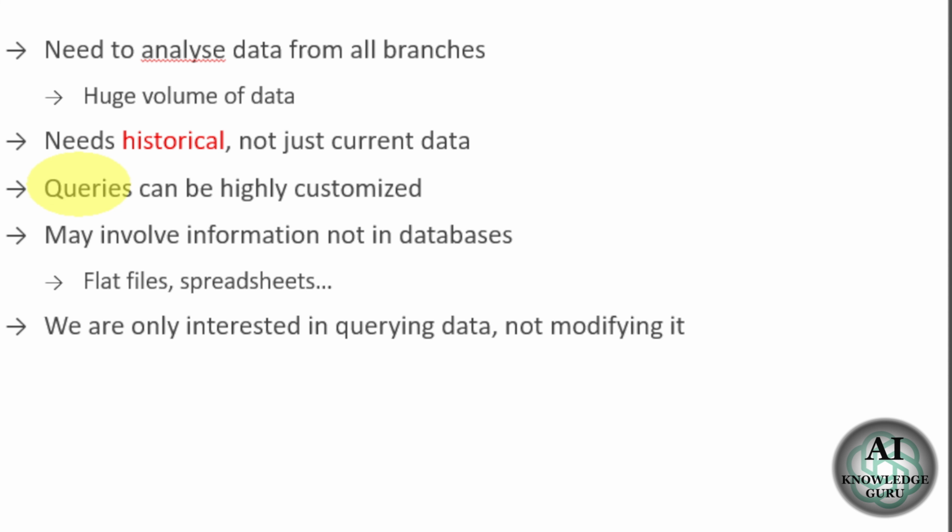For example, just before every Christmas, you sell MP3. That's historical data. You need it. Queries can be highly customized, may involve information not in databases like flat files, spreadsheets, etc. We are only interested in querying the data, not modifying it.